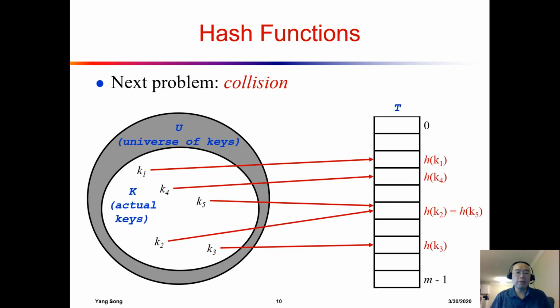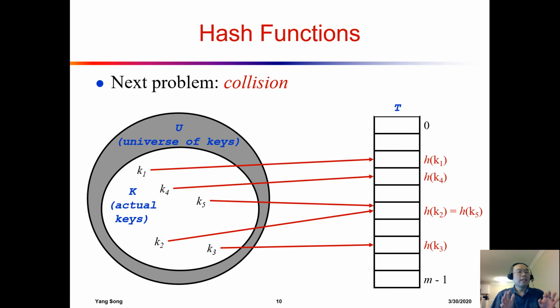The concept is, even though the universe of the keys could be very large, when we are creating a table from 0 to m minus 1, the table size m should be much smaller than the possible range of the keys. And this is the hash function. A hash function is how we map a key to a corresponding slot in the hash table.